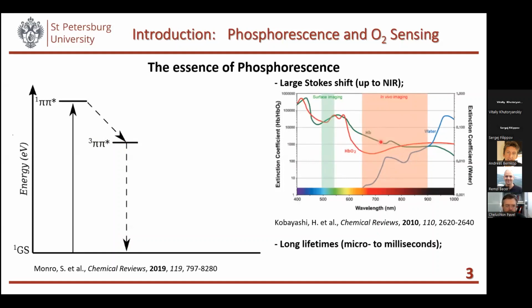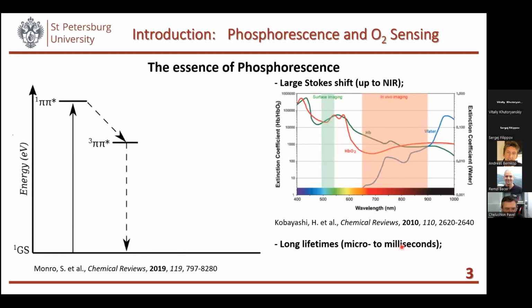And also, due to the prohibited nature of triplet-to-singlet transitions, we have long lifetimes in this case. For example, if we deal with fluorescence, we deal with nanosecond lifetimes, and if we switch to phosphors, we deal with micro and milliseconds.